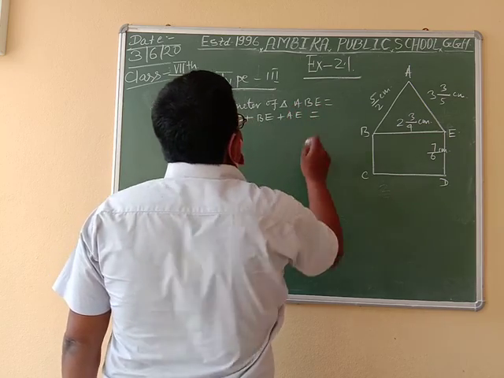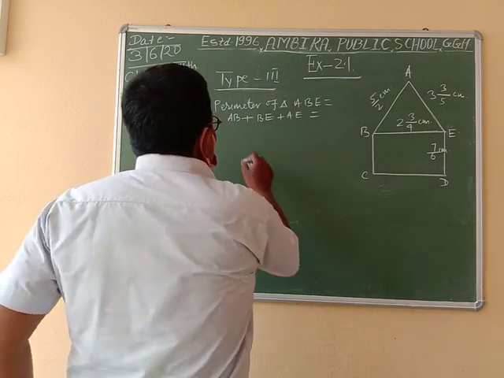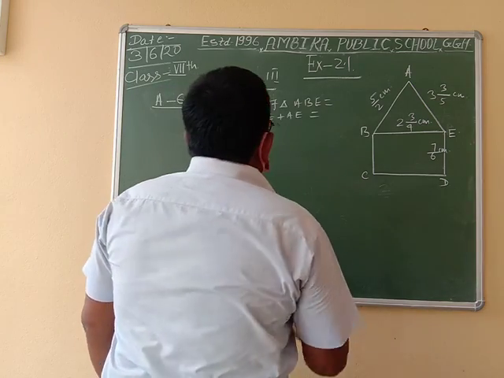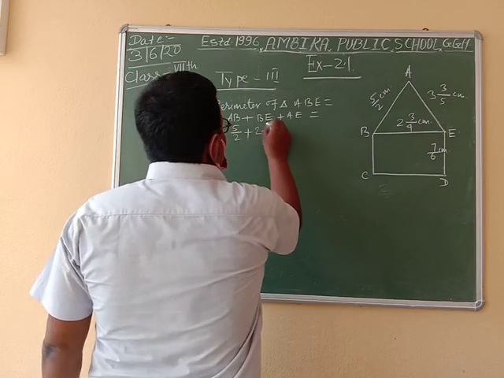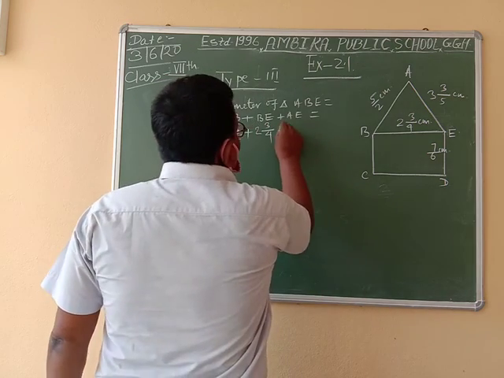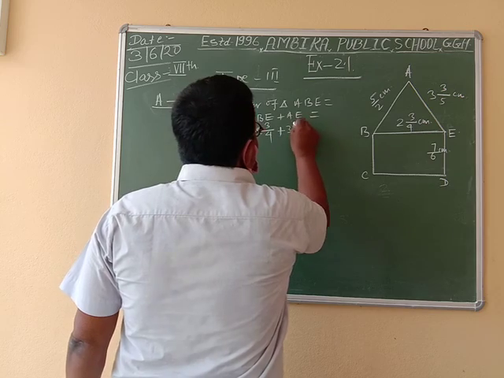AB side is 5/2 centimeter, plus BE is 2 3/4, and the third side is 3 3/5 centimeter.